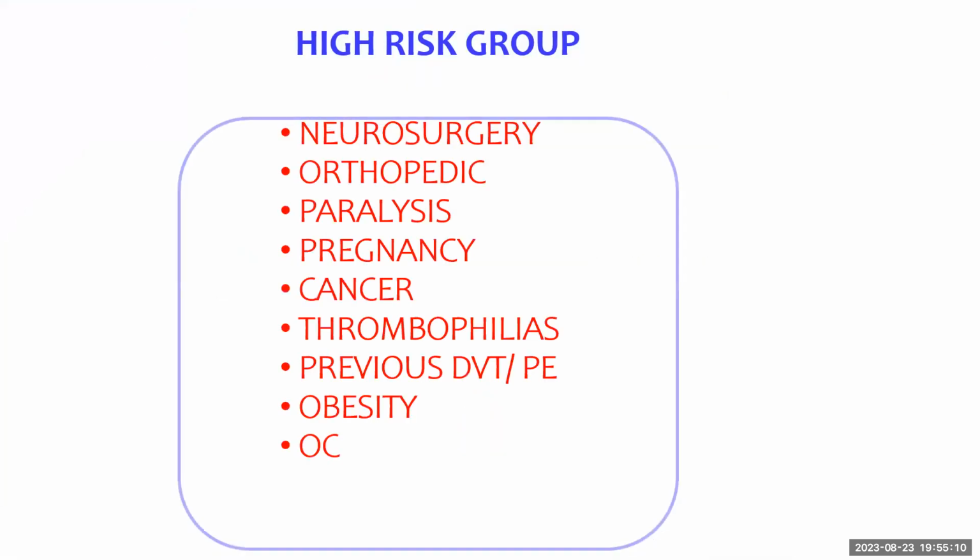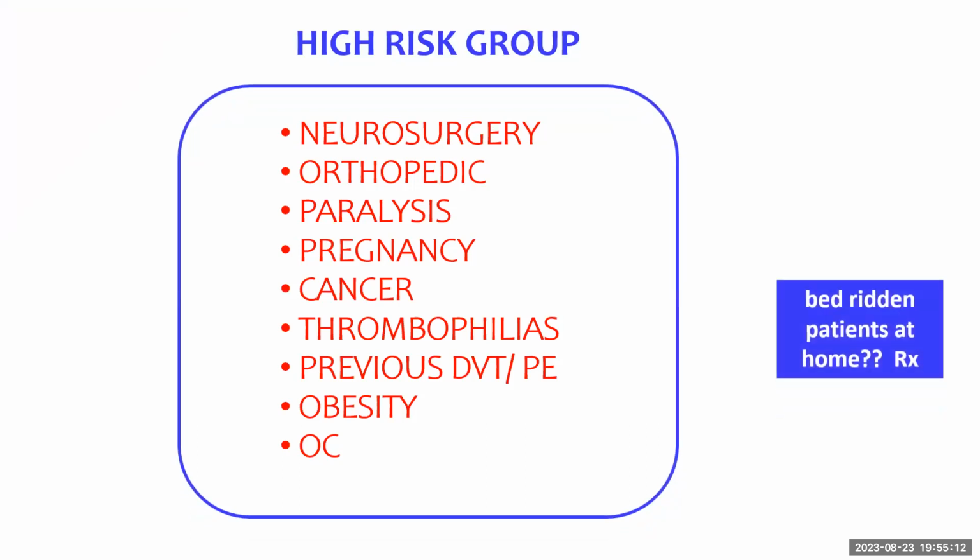Now, what are the high-risk groups? High-risk groups are neurosurgery, orthopedic, paralysis, pregnancy, cancer, thrombophilia, previous DVT, obesity, and patients on oral contraceptives. Coming to bedridden patients at home, we often discharge patients who are going to be bedridden at home for prolonged periods of time.